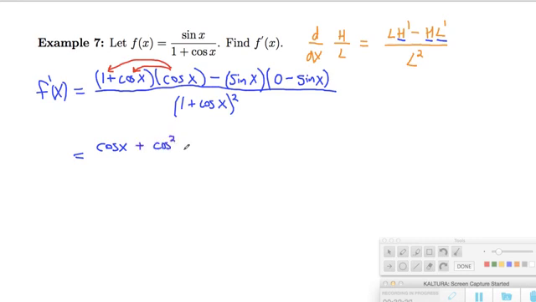Remember, we can use that notation to avoid having to write the parentheses. Then here, the 0 is not contributing, and we just got a negative times a negative, which is a positive, and sine times sine, which is sine squared. So down here, we got a sine squared of x, all over the original denominator, 1 plus cosine of x squared.